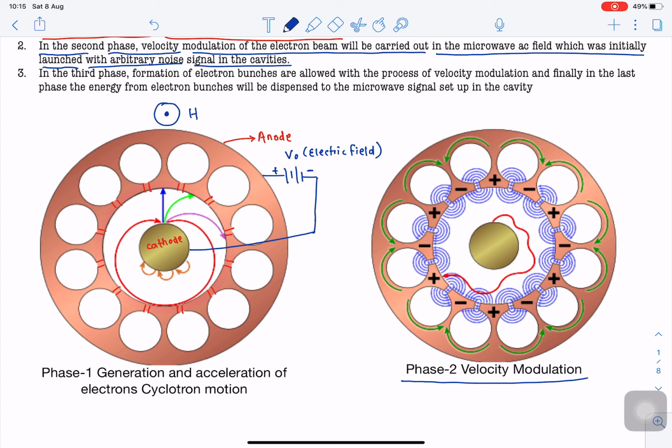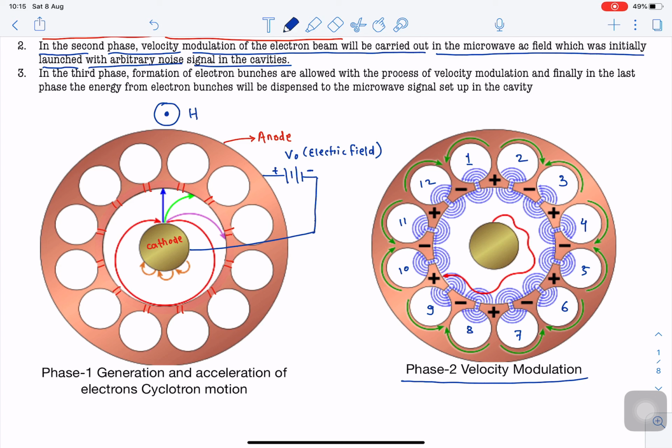What will happen is, we normally have an even number of cavities over here, right? So these are the cavities of the anode, 1 2 3 4 5 6 7 8 9 10 11 and 12. So this is a 12 split anode configuration, and the number of cavities is always even, right?